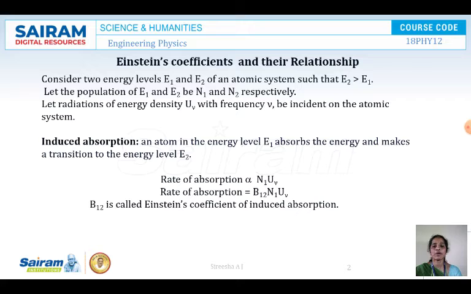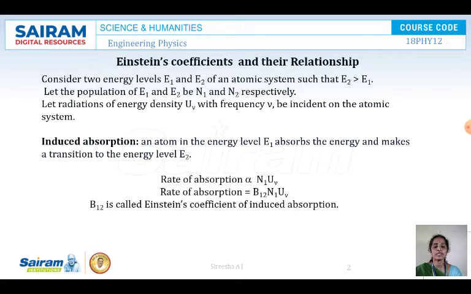The rate of induced absorption is proportional to N1 and U nu. That means more atoms in the ground state lead to more induced absorption, and similarly more incident radiation leads to more induced absorption. Therefore the rate of absorption is proportional to N1 and U nu.